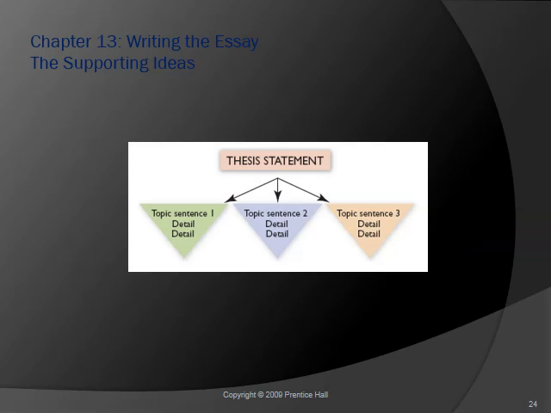Supporting ideas. Here's just another pictorial view of your essay and how you're going to create your essay. And the thesis statement is what we just talked about in terms of marriage not being as important today as it used to be. Your first topic sentence could be, now I'm just thinking of something here, and as you're writing, you want to write these ideas down.